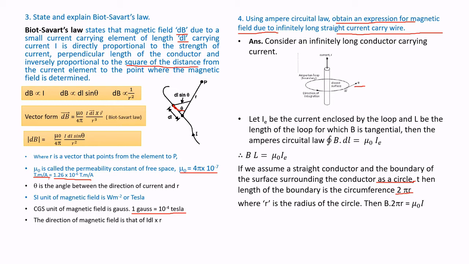Then B into L here is 2 pi r. Therefore B into 2 pi r is equal to mu naught I. This is the expression for magnetic field. So if you bring this 2 pi r in the denominator, with B written on the left side, B is equal to mu naught I over 2 pi r. This is the equation.